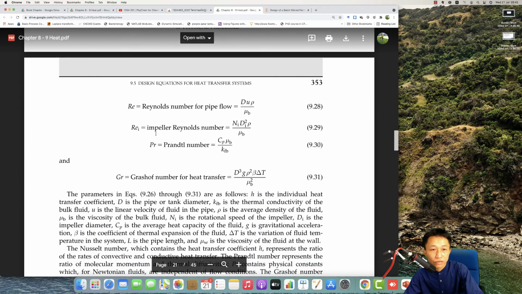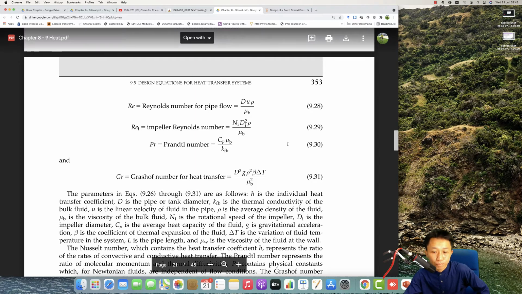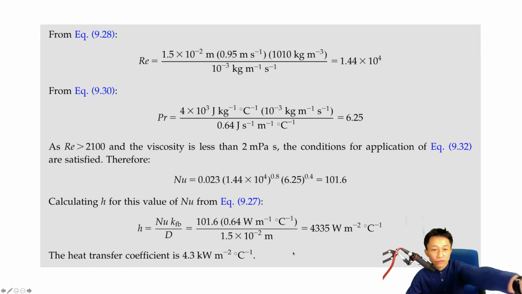This is the Reynolds number for the pipe. This is the impeller Reynolds number, and this is the Prandtl number, with Cp given to you, and mu and K. We continue, and then we calculate the Nusselt number, and from the Nusselt number we can calculate the heat transfer coefficient.